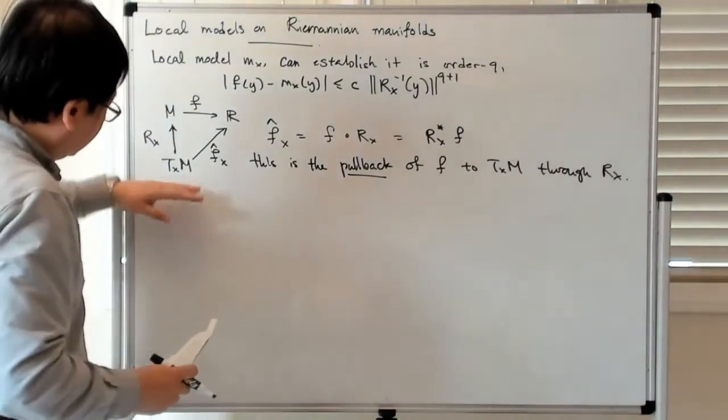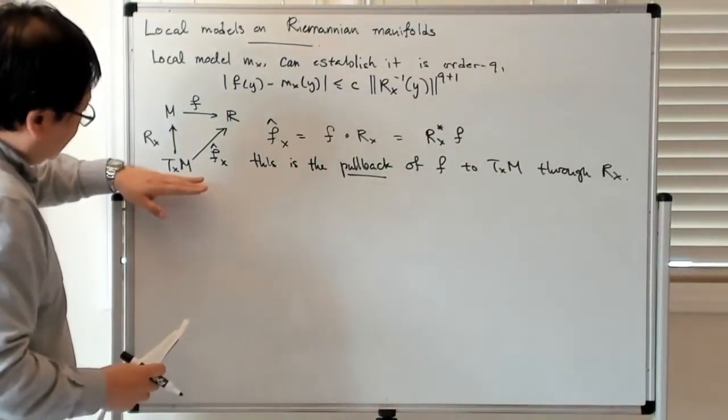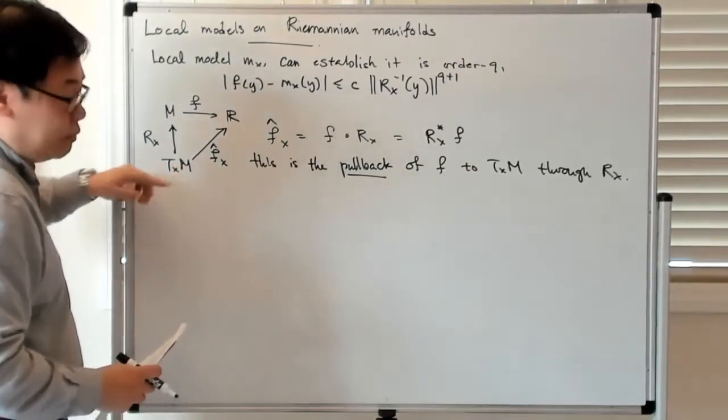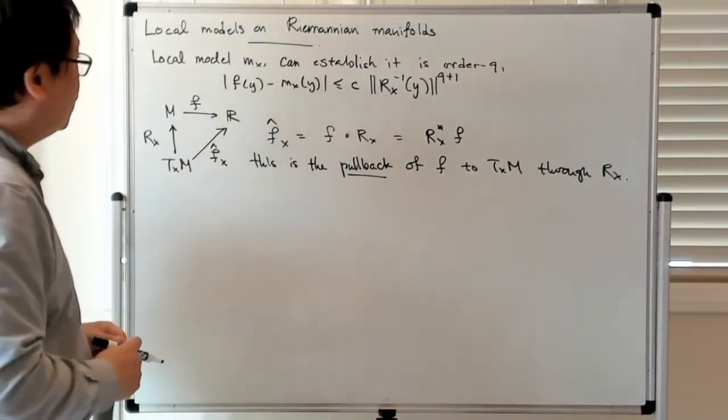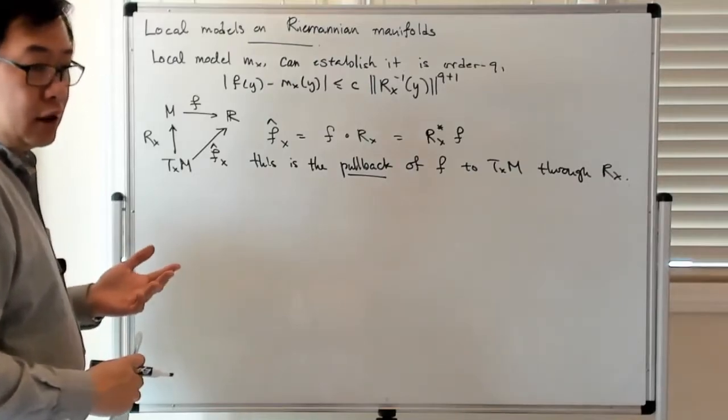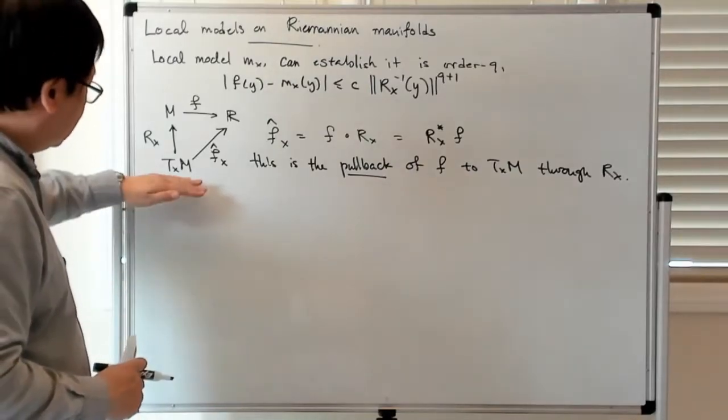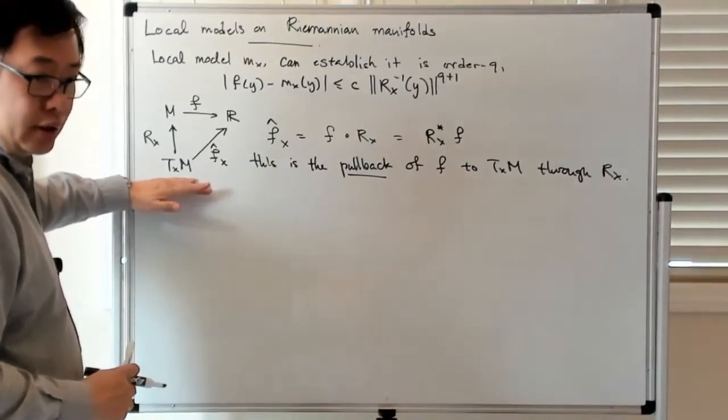Okay, so in any case, you now have a function on T_xM, and as we had talked before, we talked about local models on general Euclidean spaces, and this is of course a general Euclidean space.